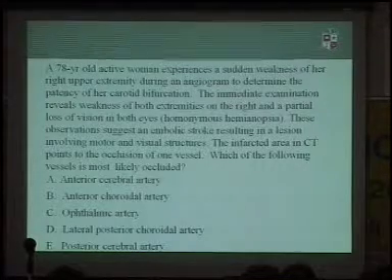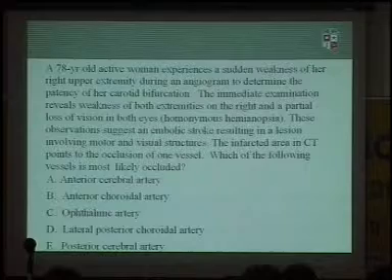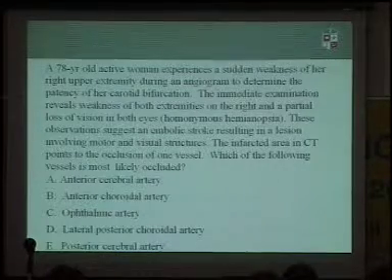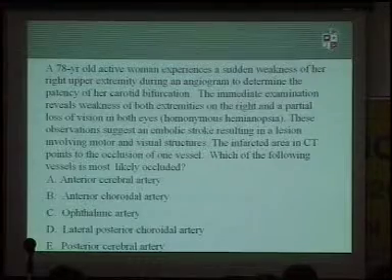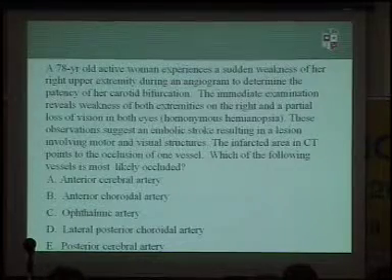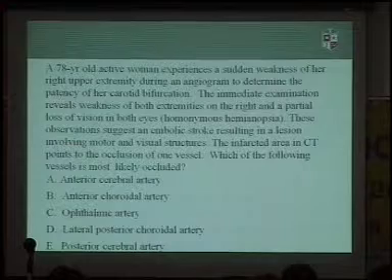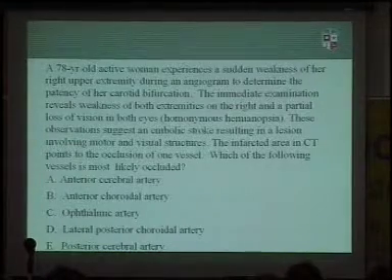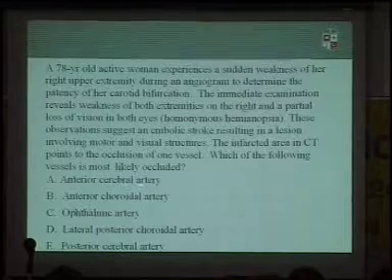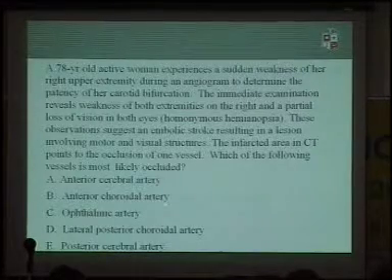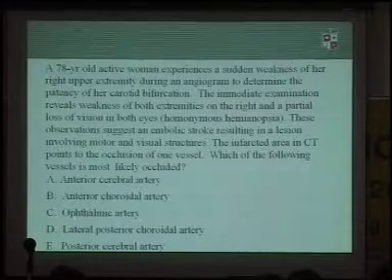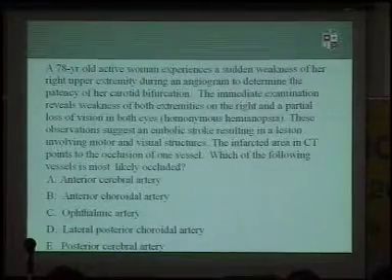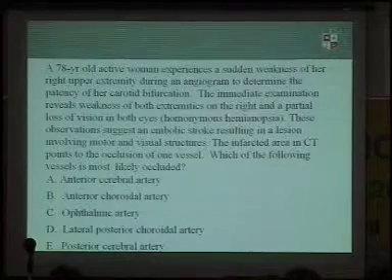These observations suggest an embolic stroke resulting in a lesion involving motor and visual structures. The infarcted area in a CT points to the occlusion of one vessel. Which of the following vessels is most likely occluded? Anterior cerebral, anterior choroidal artery, ophthalmic artery, lateral posterior choroidal artery, posterior cerebral artery.